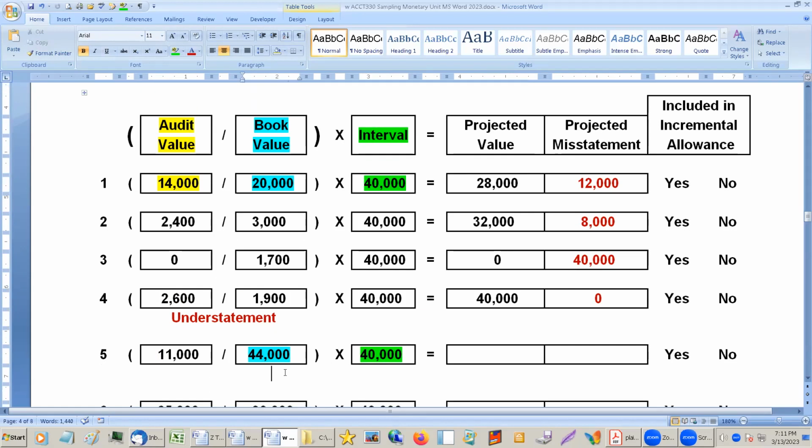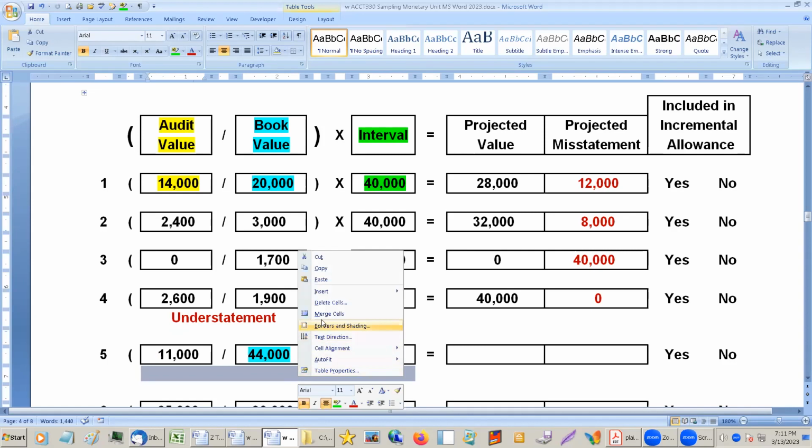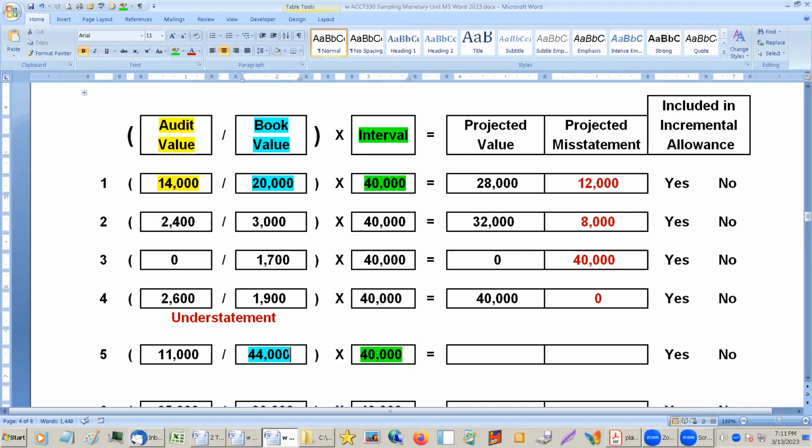This was 100% sure to get caught, because it's greater than the interval, it's going to cover one interval. It might even cover two intervals. It's possible that it crosses two intervals, but it certainly covers one interval.